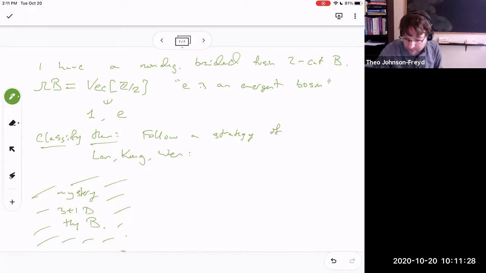So you look at the condensable algebra. Well, the way you really do this is you look at the fact that inside of here, you should think of this really not as, I should have called this really Rep Z mod 2.